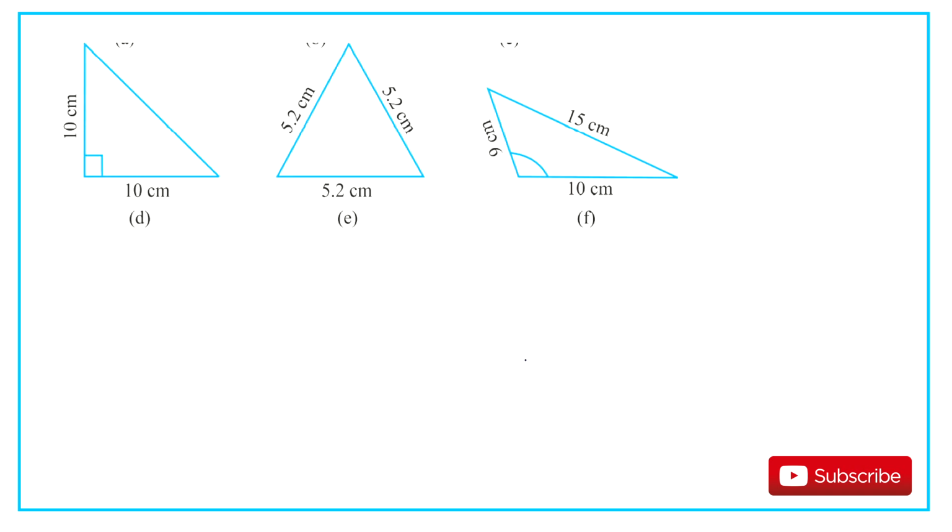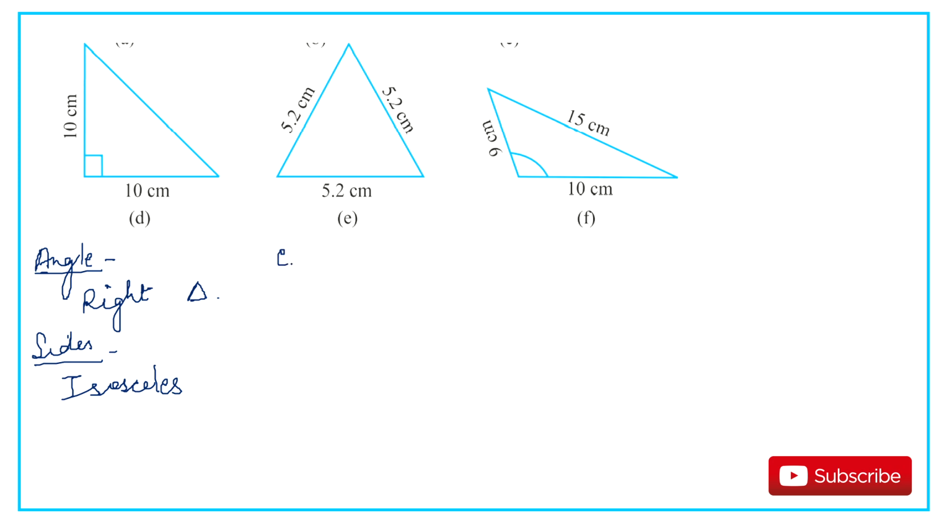Okay. D part, on the basis of angle, it is a right triangle, and on the basis of sides, it is an isosceles triangle. Coming to the E part, on the basis of angle, I am finding it to be an acute angle triangle, and on the basis of sides, equilateral, because all the sides are equal.